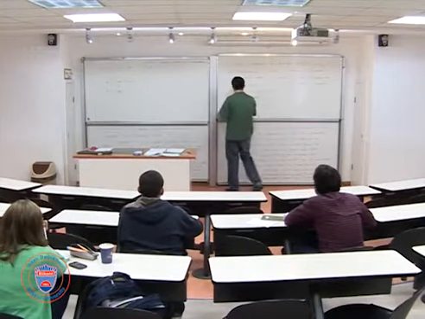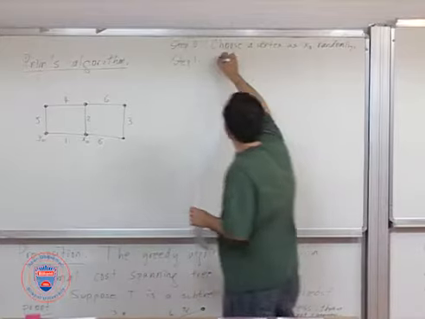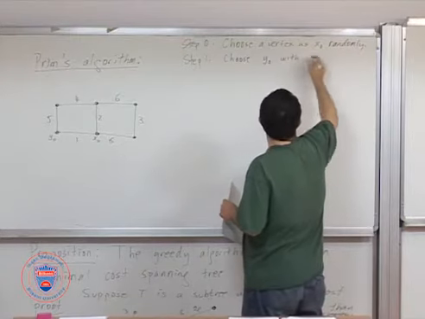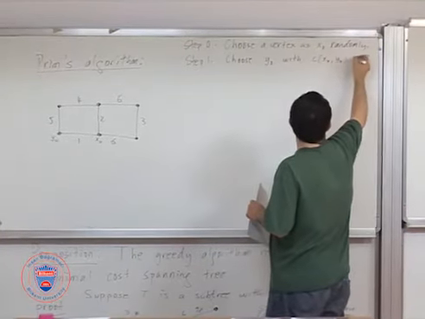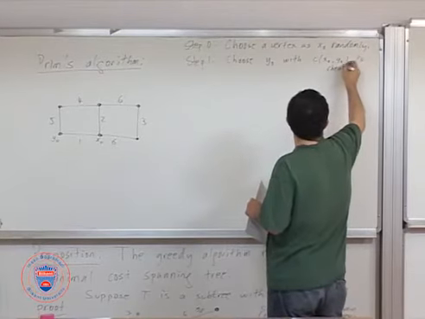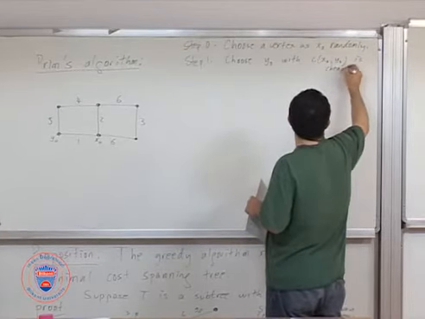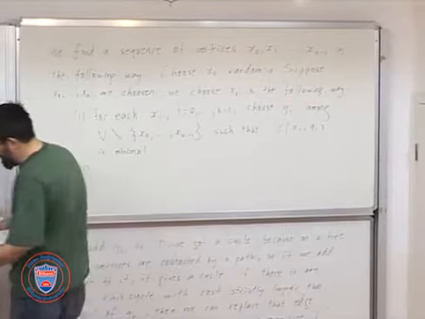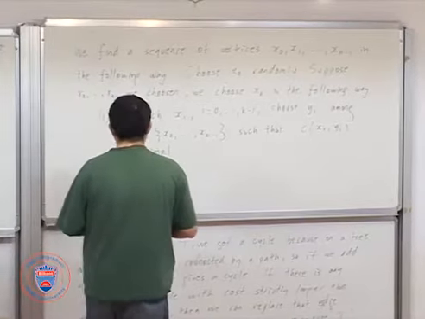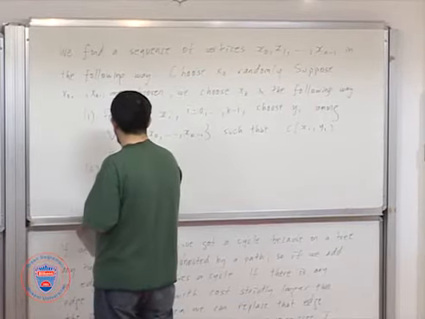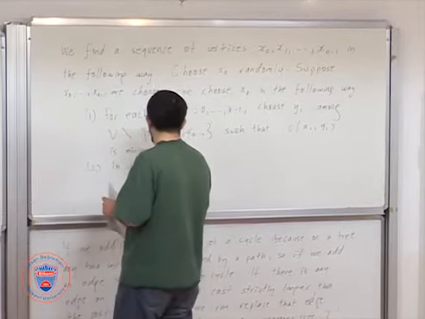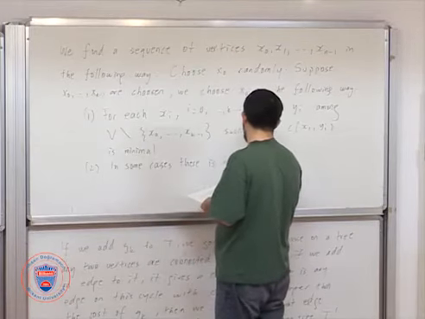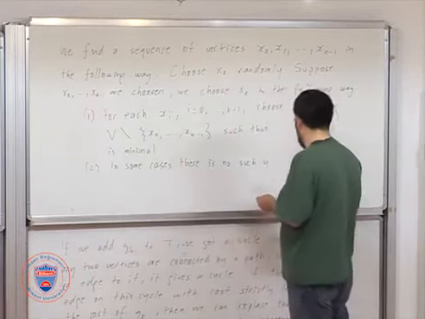Now, once you choose that, step 1 is choose y0 with c(x0, y0) cheapest. So choose it as the cheapest costing one. Of course, we'll see later that in some cases there is no such yi.